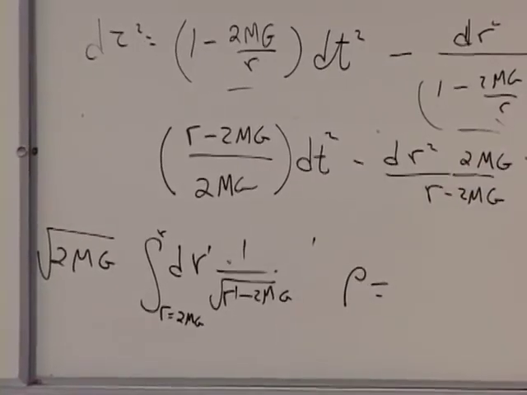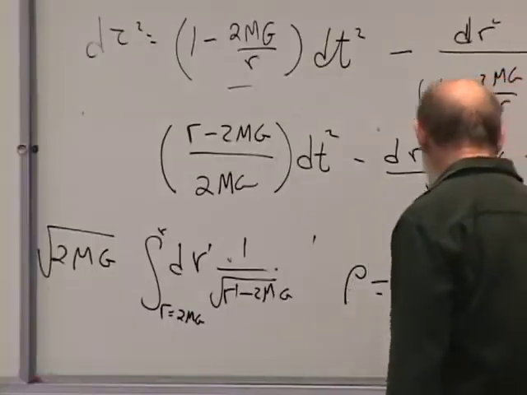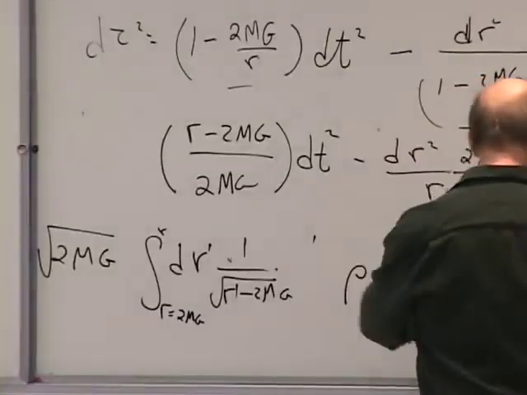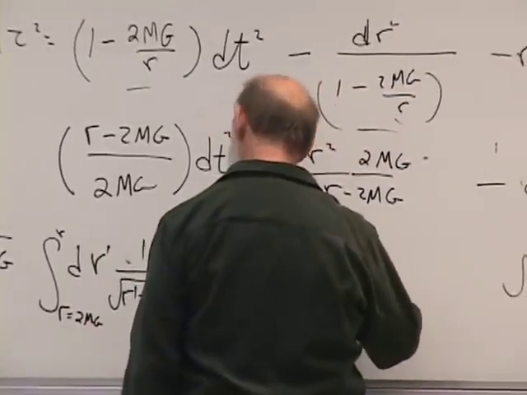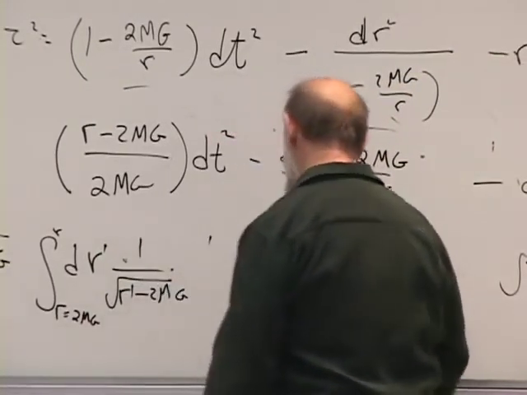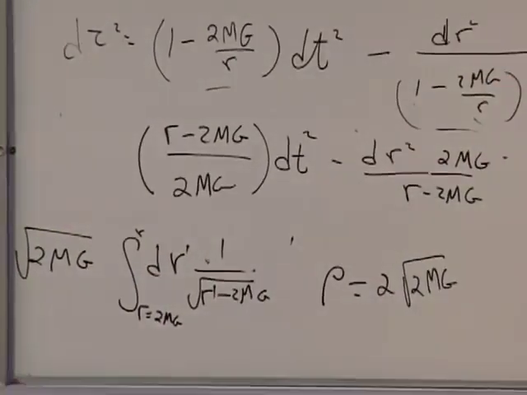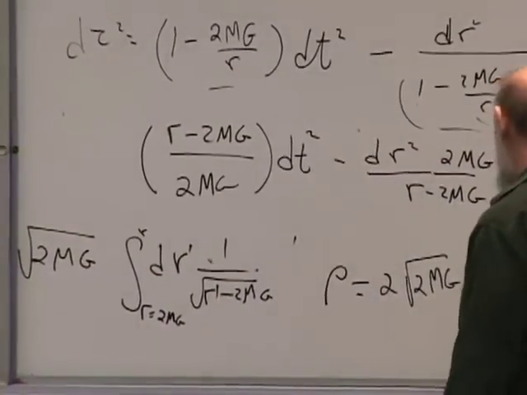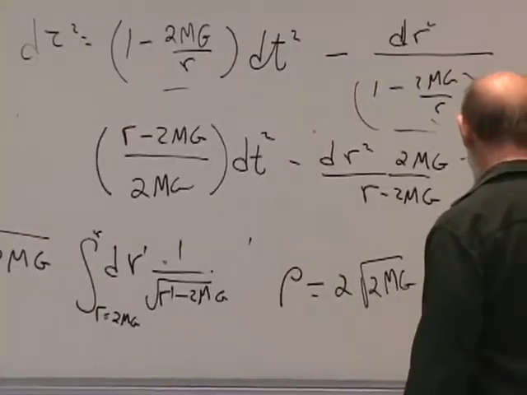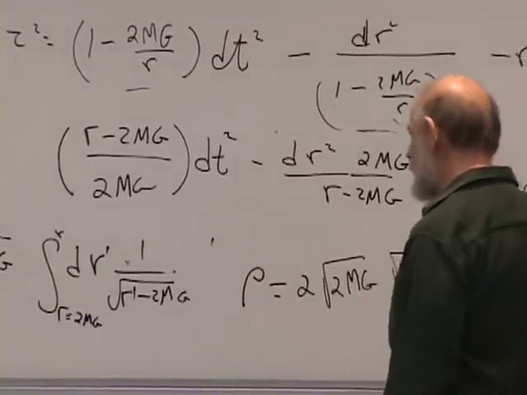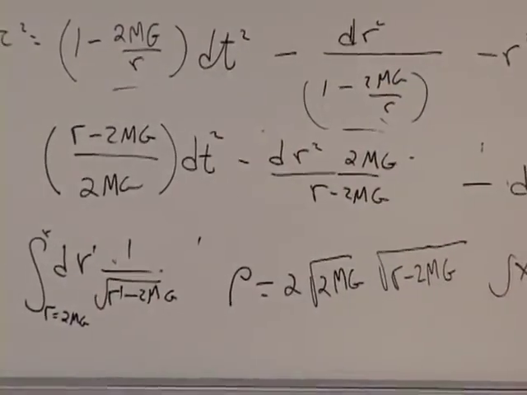We have then that rho is equal to twice, that's the 2 from here, then there's the square root of 2mg, that's from here, and then the square root in the numerator, square root of r minus 2mg, where I've plugged in the endpoint into the integral.